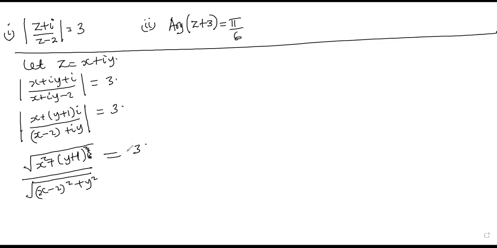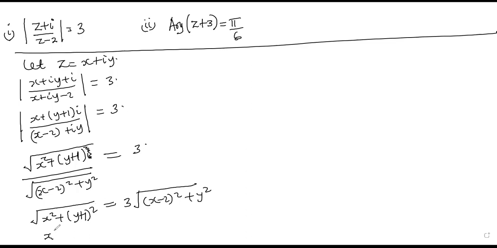So when you cross multiply, you get the square root of x squared plus y plus 1 squared is equal to 3 times the square root of x minus 2 squared plus y squared. When you square both sides, the square roots will go. So you have x squared plus y plus 1 squared is equal to 9 into x minus 2 squared plus y squared.